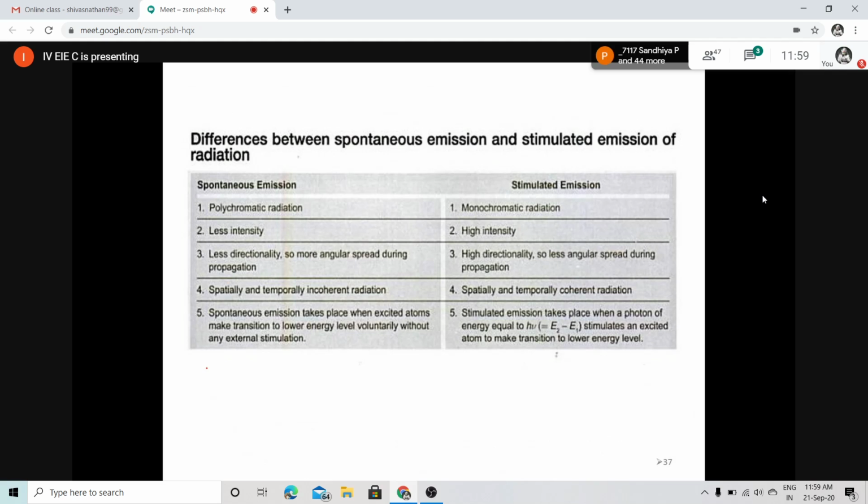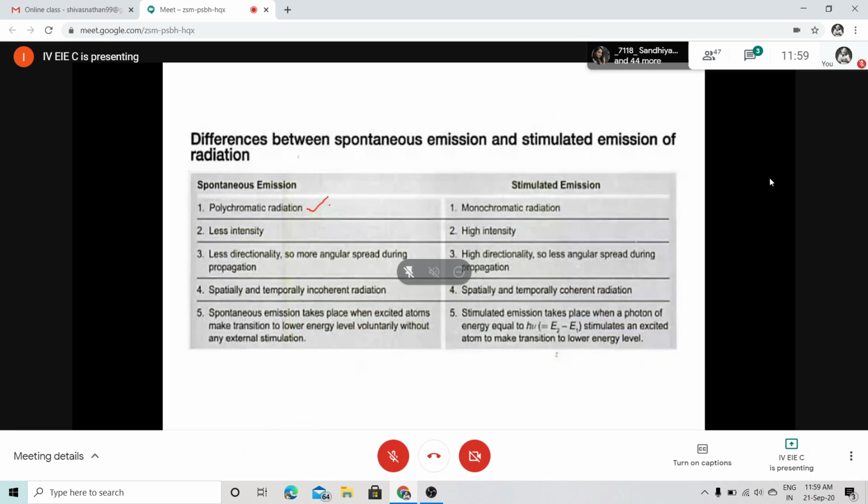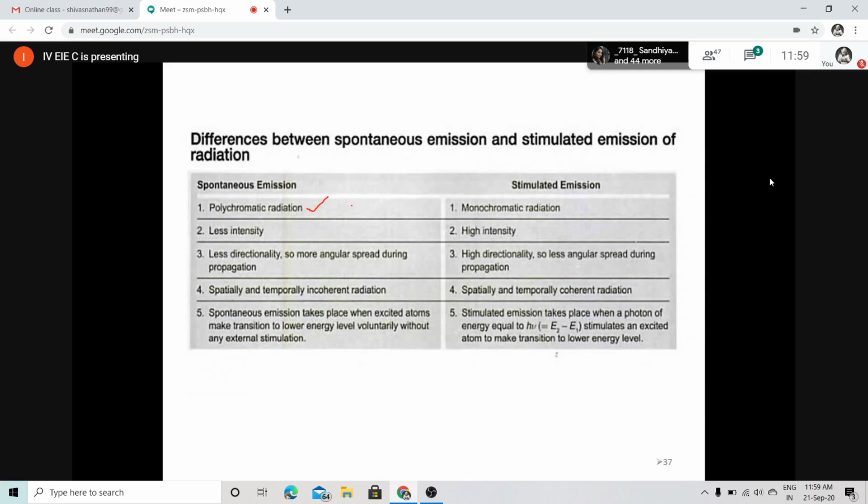Here, in other terms: spontaneous emission has polychromatic radiation, here monochromatic radiation; less intensity, whereas here high intensity; less directionality and more angular spreading, here high directionality and less angular spreading; spatially and temporally incoherent radiation, here spatially and temporally coherent radiation. Clear? So again the same difference, but in different words. That is what you need to understand.